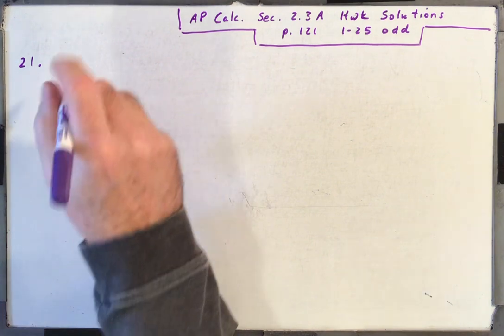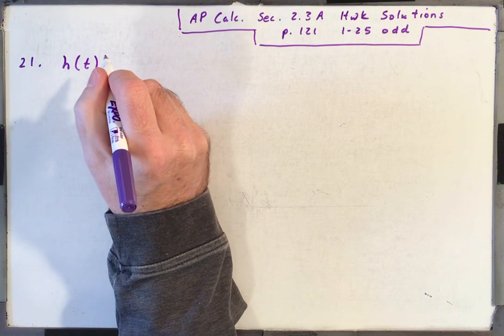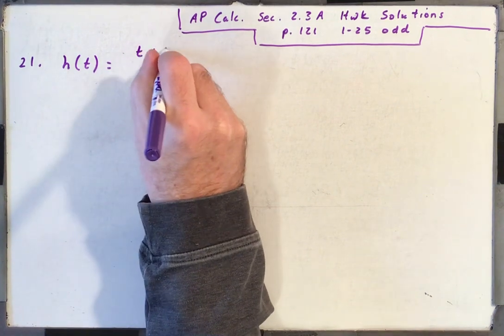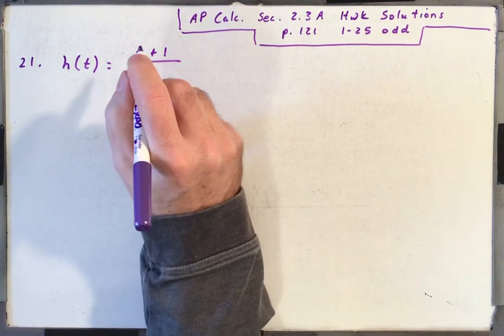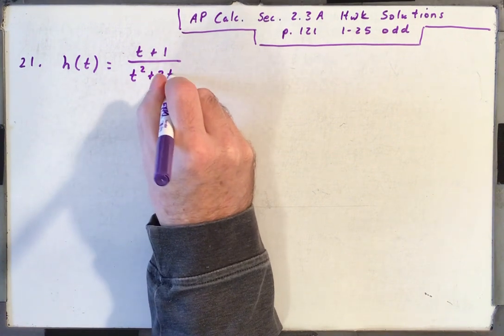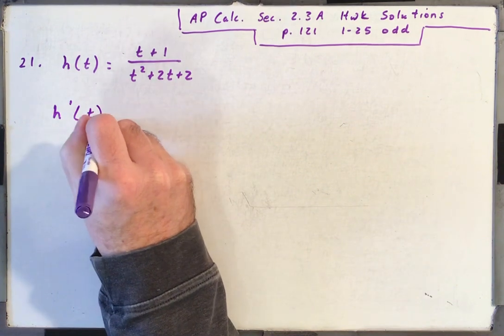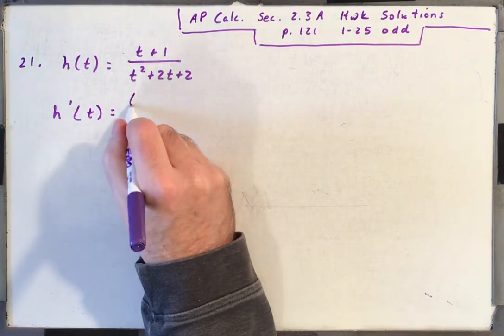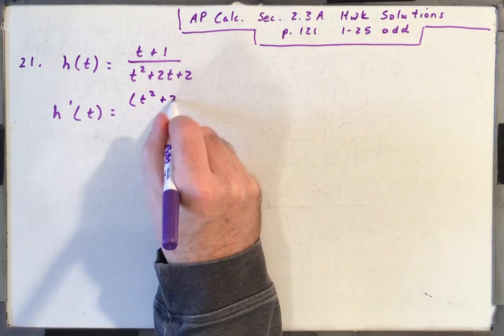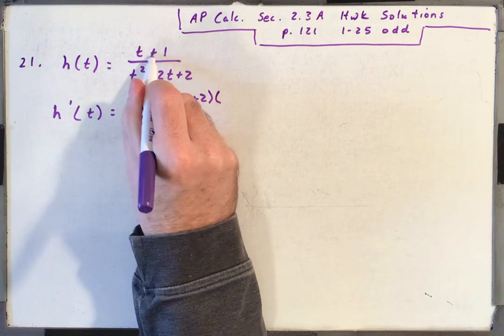We've got h of t is equal to t plus 1 over t squared plus 2t plus 2. All right, this is classic quotient rule. The bottom, t squared plus 2t plus 2, times the derivative of the top, t plus 1.